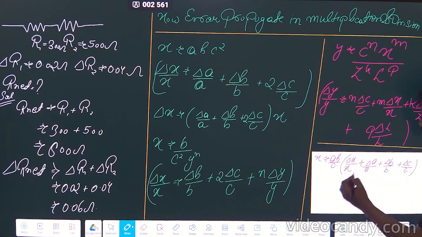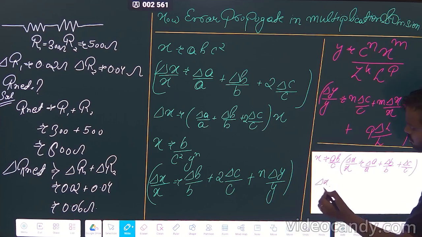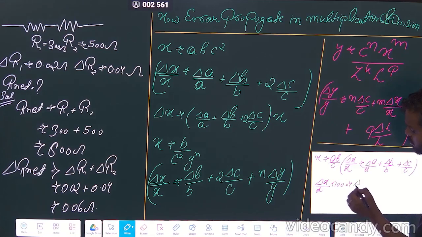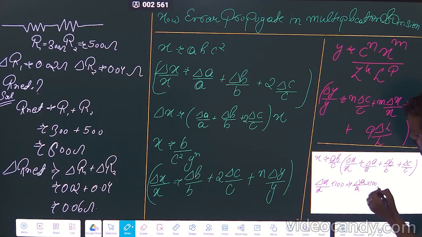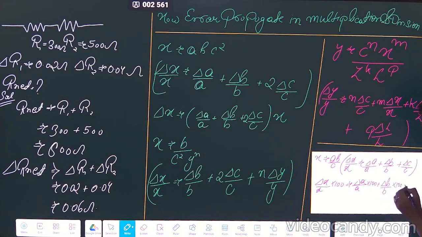Correct? Now just multiply both sides by 100. You will get delta x by x into 100 equals delta a by a into 100 plus delta b by b into 100 plus delta c by c into 100. Oh, sorry.